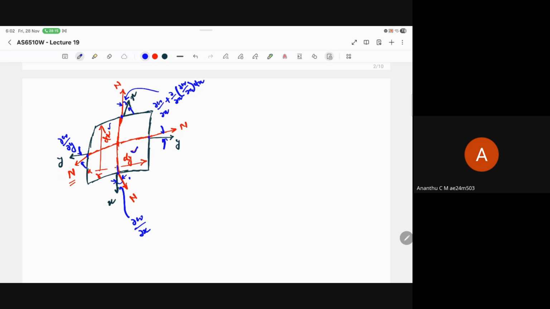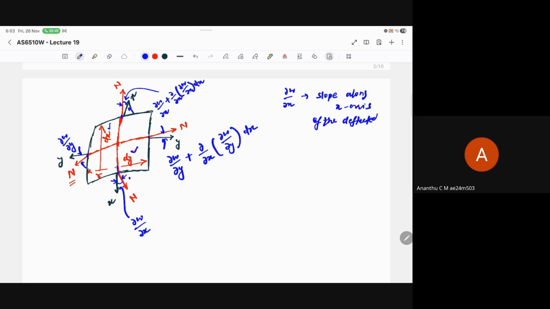This slope is changing over length dy, and this is going to be ∂w/∂y plus the first order change we are considering, so it's going to be ∂²w/∂y² into dy. So ∂w/∂x is the slope along the x-axis of the deflected membrane. Similarly, we are going to have ∂w/∂y in the y direction.